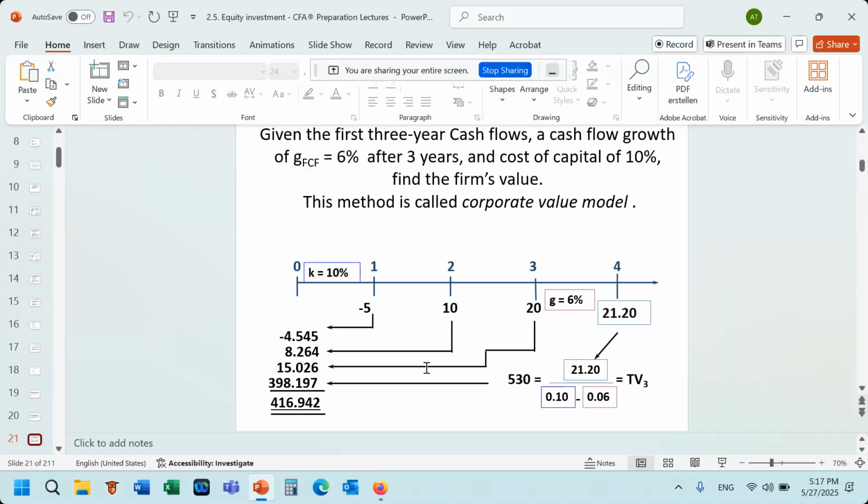Discount the 10 million at year 2, and it becomes 8 million. And discount the 5 million that we paid to purchase the factory at year 1, and it becomes minus 4.5 million in today's money. Adding this up, we get 416.94 million as the value that comes from the corporate value model.